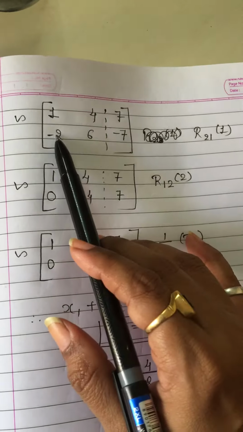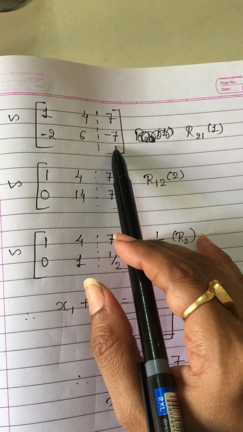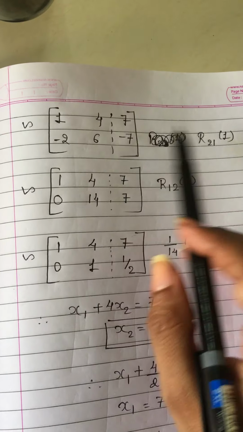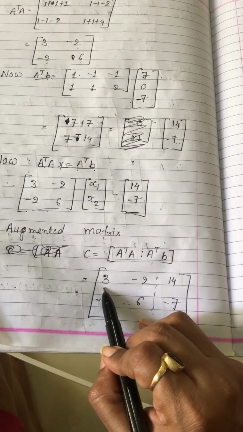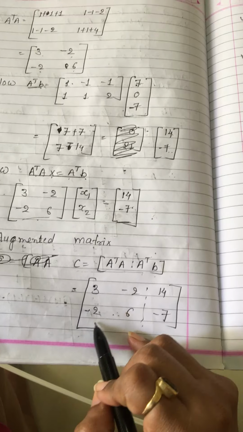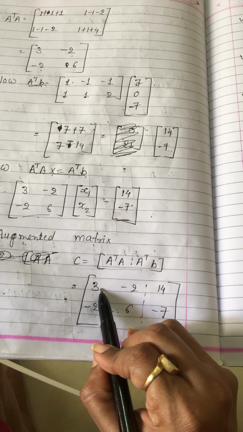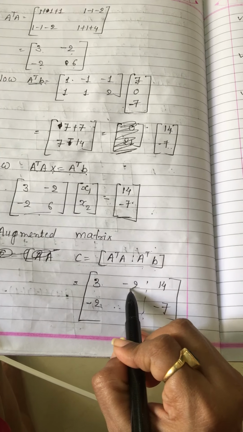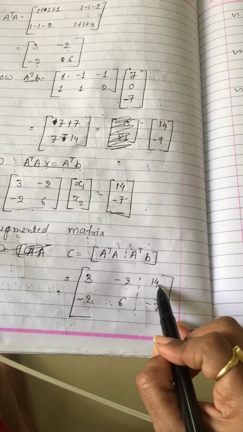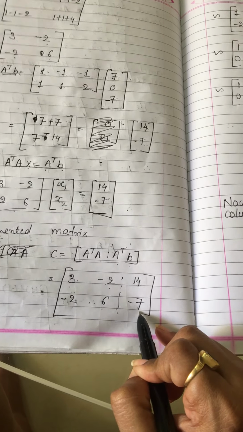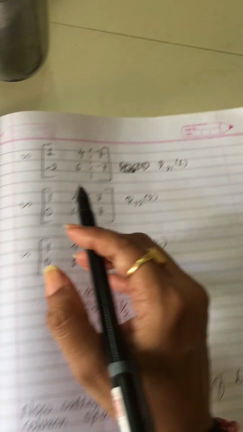First of all, I multiply your last row, that is R2, with 1 and add it to your first row. Okay, so minus 2 added with 3 is equal to plus 1, 6 added with minus 2 gives you plus 4, 14 plus minus 7 is equal to plus 7.